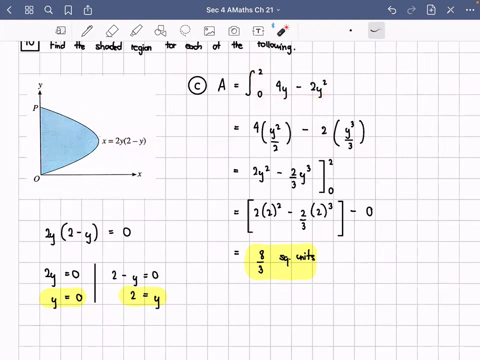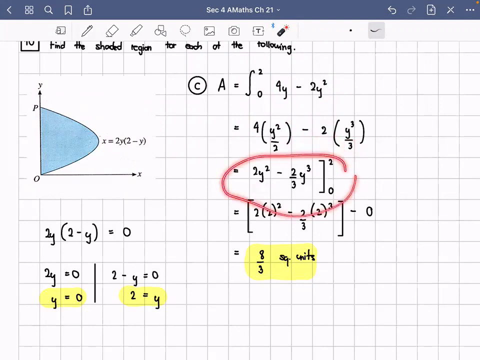So getting the antiderivative of this, 4y, we'll set aside 4, so y squared over 2 right here. And then minus 2y squared, it becomes 2 here, then y squared becomes y cubed over 3. And then simplifying this, this is 2y squared minus 2/3 y cubed.